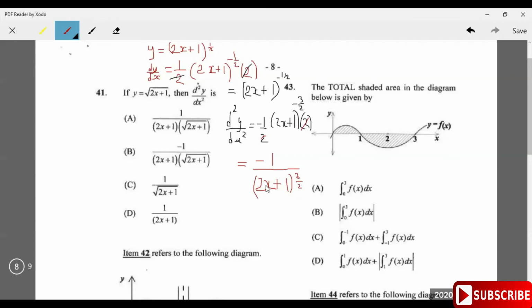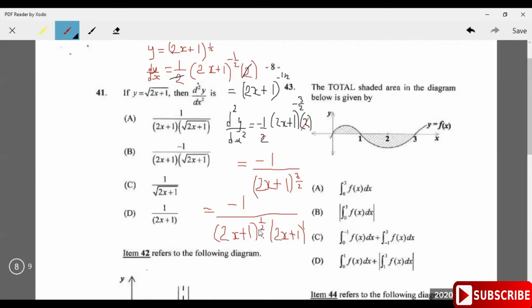Now look how I'm going to break up the 3 over 2 power. It can be written as minus 1 over 2x plus 1 to the half power times 2x plus 1 to the 1 power, because by laws of indices, when the bases are the same, we can add the powers to get 3 over 2.